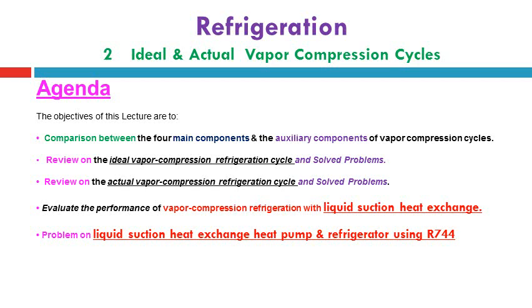Then we will study the actual vapor compression refrigeration cycle and some solved problems. Then we will evaluate the performance of vapor compression refrigeration with liquid suction heat exchanger and a solved problem based on R744, which is CO2, will be explained in details.